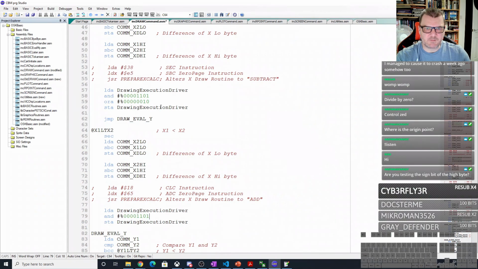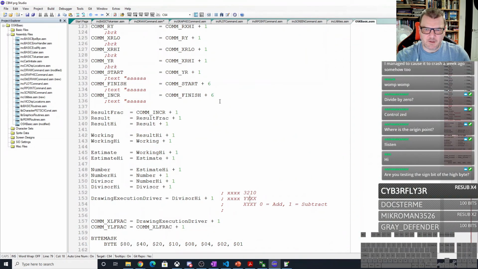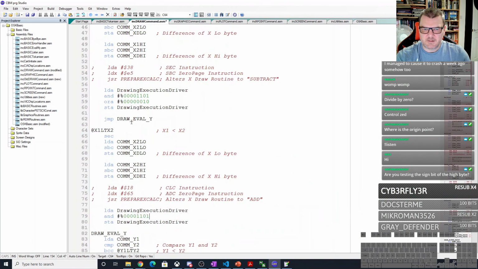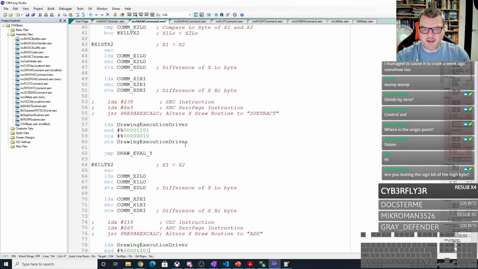This is where I got it all wrong. Right, okay. So X on Y is that one. So if X2 is greater than X1, X on Y needs to be 1. So therefore I need to get rid of, clear out that.